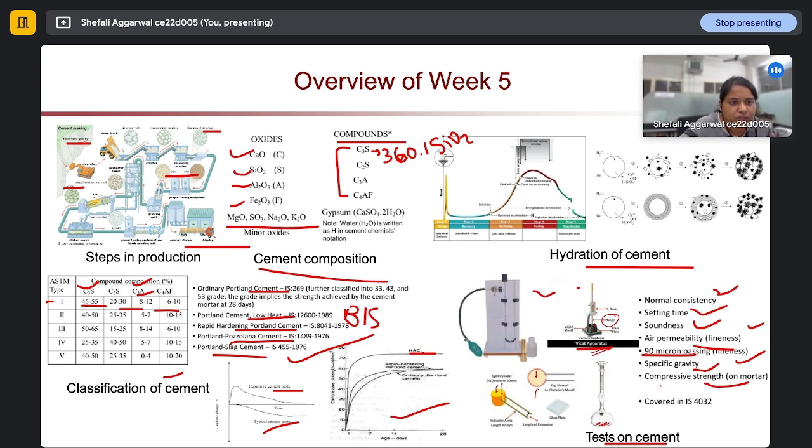We cannot get the compressive strength on our normal cement paste, so we always calculate the compressive strength on the mortar. Mortar is a mix of cement, sand, and water. So these are the different types of tests which we perform on the cement.